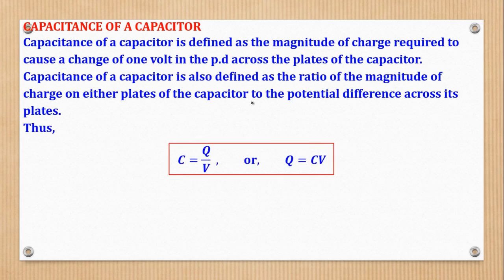Because ratio is like division, C will be equal to charge over potential difference. And when I rearrange, I come up with Q is equal to CV. So both these will be used more frequently in this video.